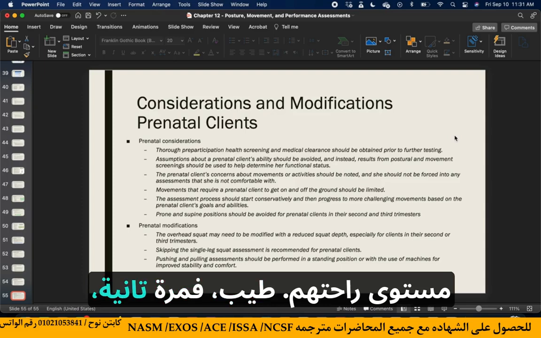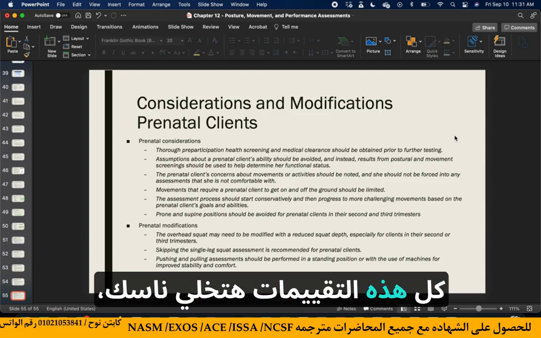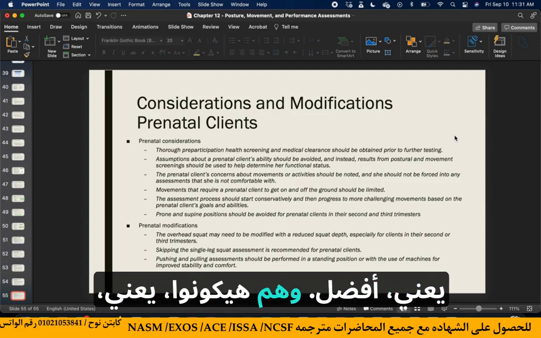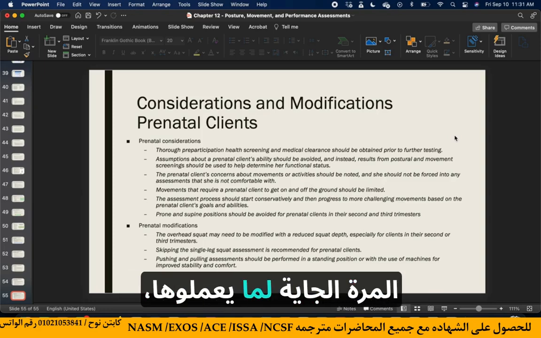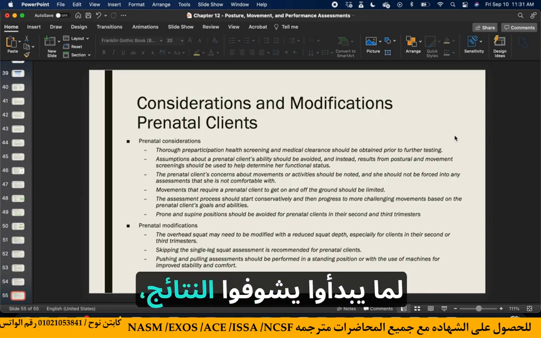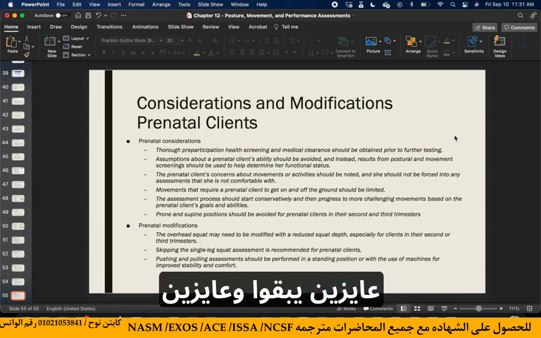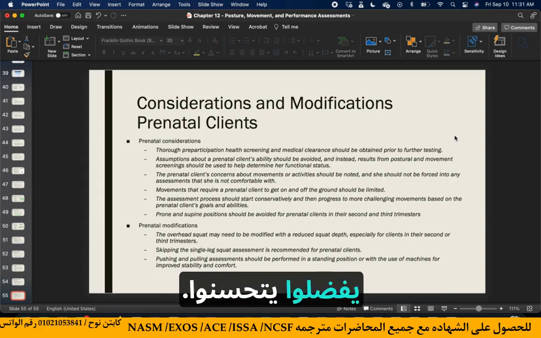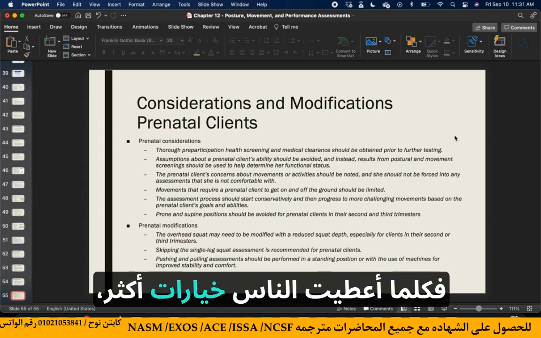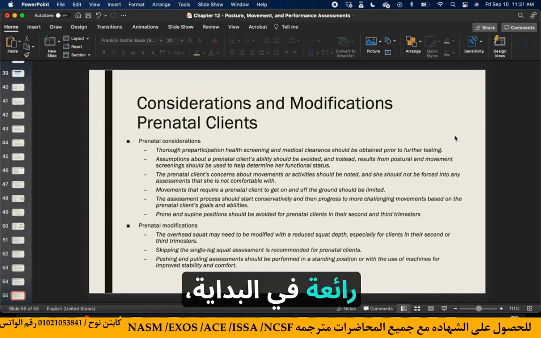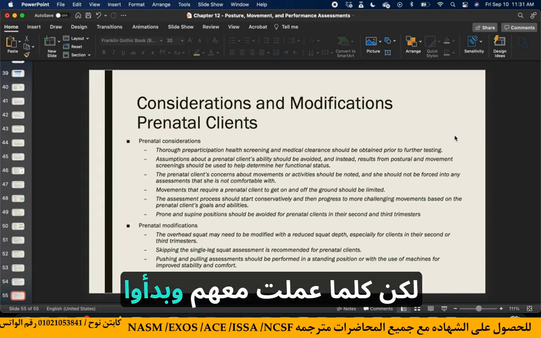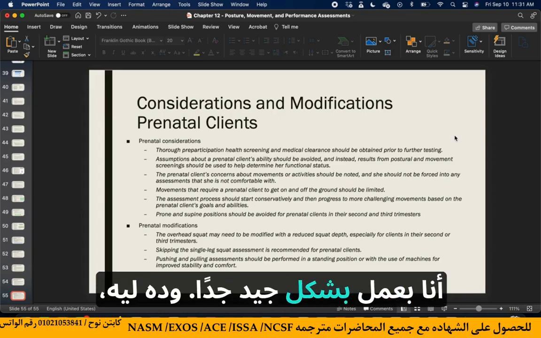All these assessments keep getting better for your people as they go through their programming, and the next time you do it, when they start seeing the results, it makes them happier and they want to stay and keep getting better. The more options you give people, the better. The scores may not be great initially, but the more you work with them, they start seeing, wow, I'm doing very well.